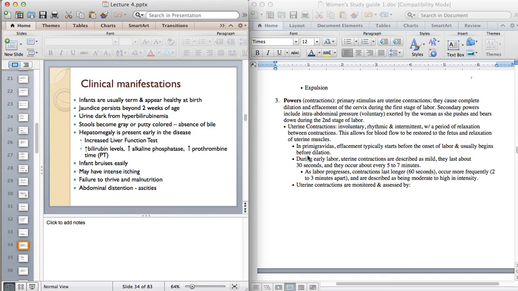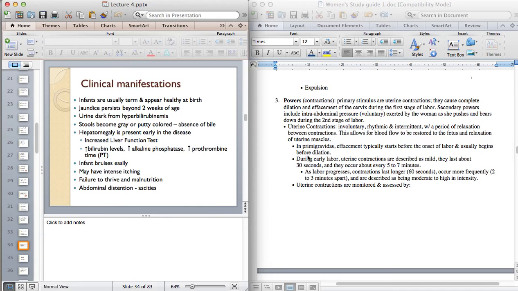So the urine is very dark. Because the stool has no bile in it, it's a very clear, very light color. The liver functional enzymes are all very high. We have high bilirubin.